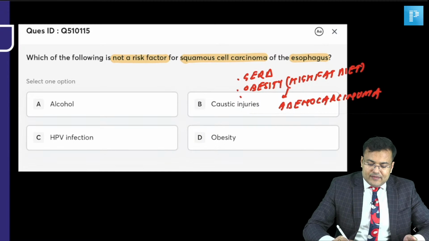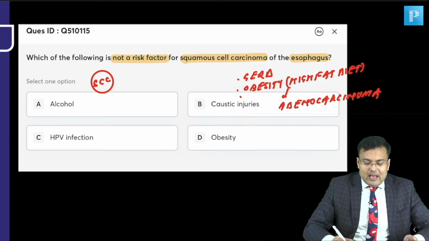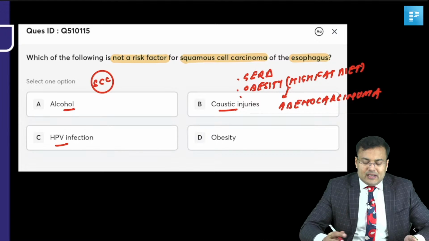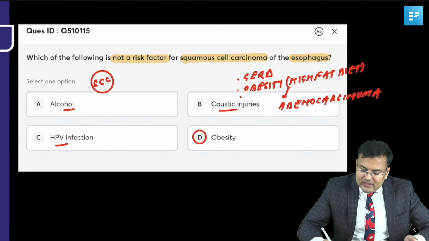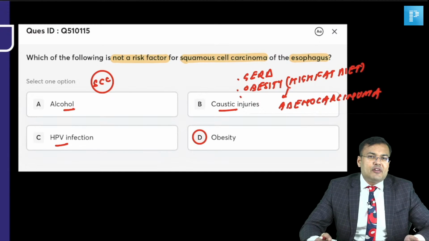Clear? What are the risk factors for squamous cell carcinoma? Alcohol, smoking, human papillomavirus infection, caustic injuries. Clear? All these are risk factors for squamous cell carcinoma. So obesity is a risk factor for adenocarcinoma. Clear guys?